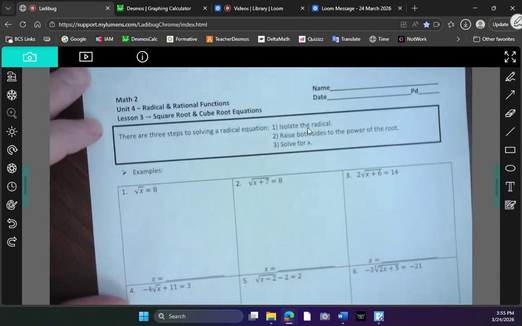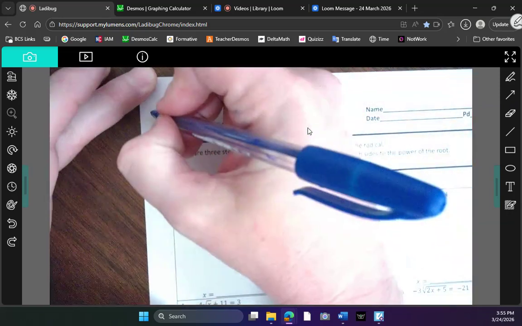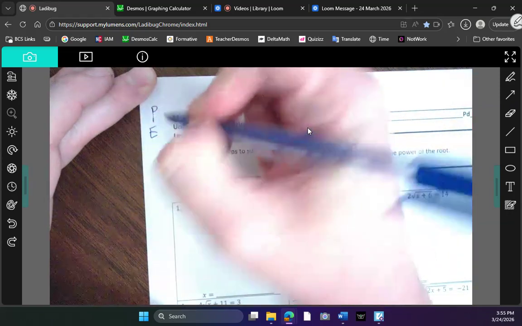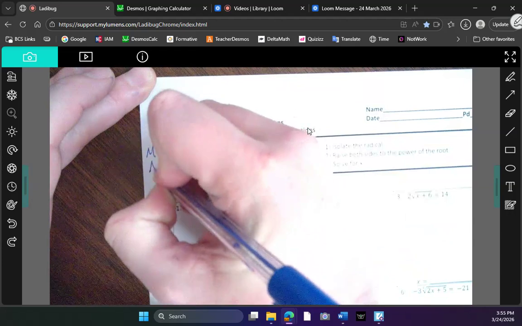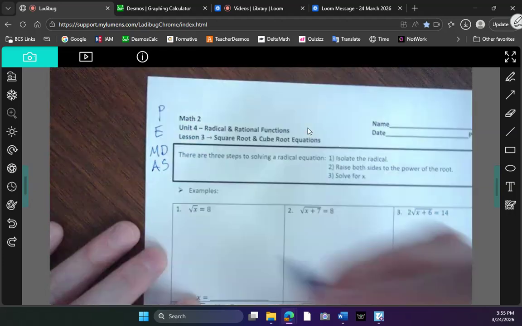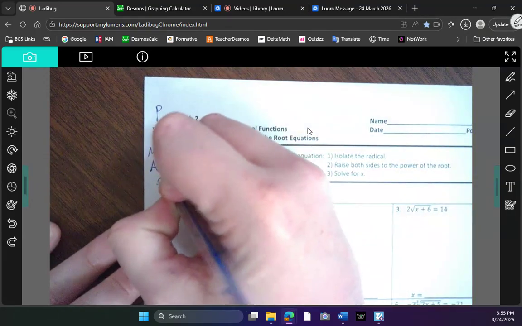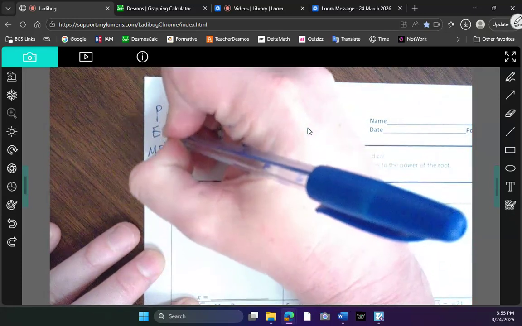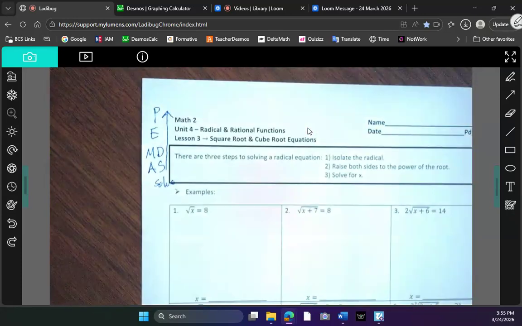Now, I do want to talk about off to the side here our order of operations. Please excuse my dear Aunt Sally. Remember that when we solve, we want to do the order of operations backwards and in the opposite order.